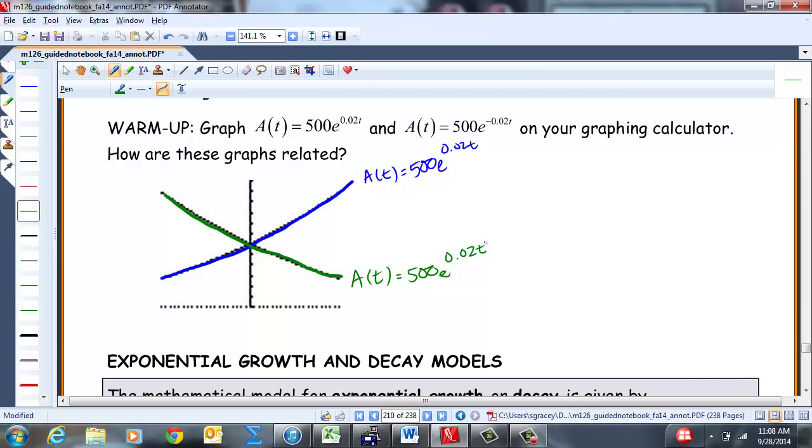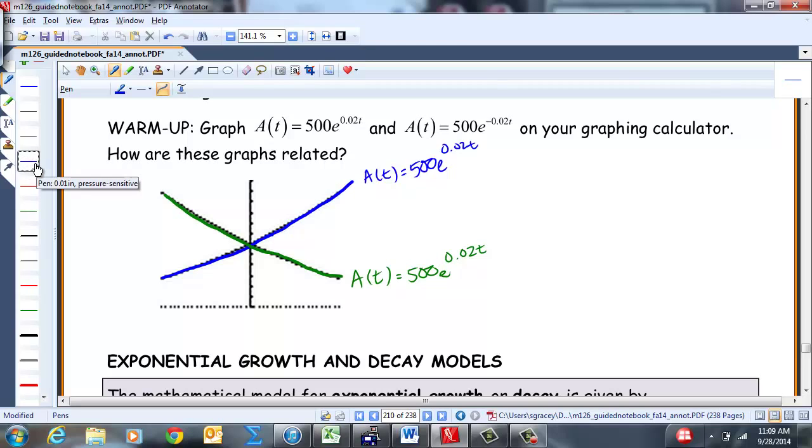Okay, so how do they look to be related? What do you think? Are they reflecting across the x-axis? Nope. How about the y-axis? That's what it looks like to me.